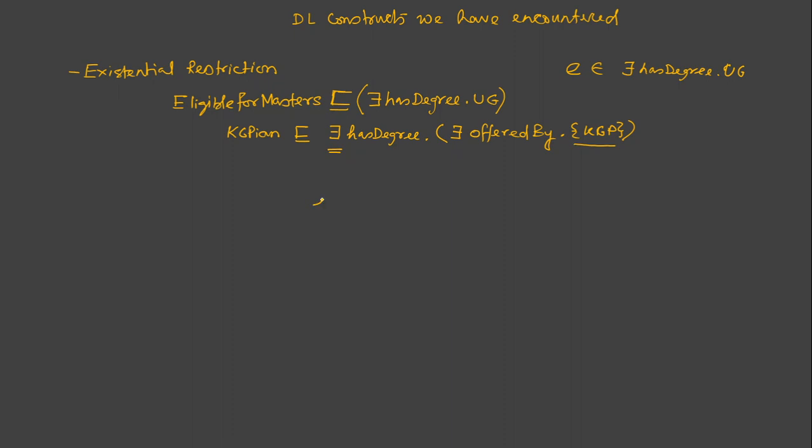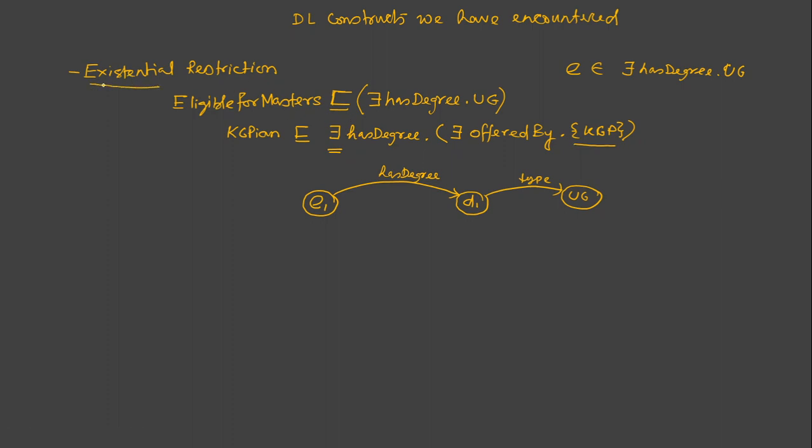So we are trying to say E1 is the entity and it has at least one degree, which is say D1, right? And D1 should be of type UG, right? Then we say that this kind of restriction is called existential restriction.